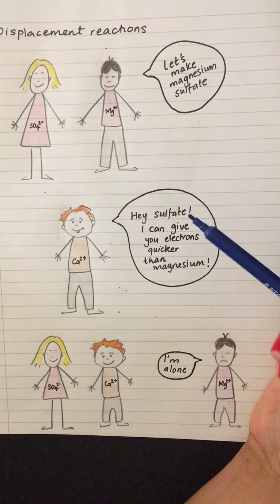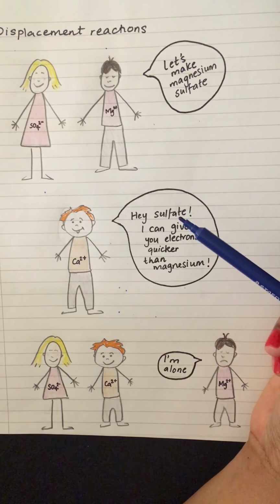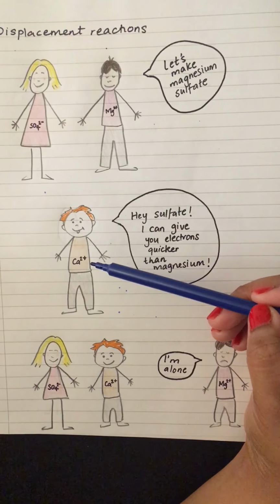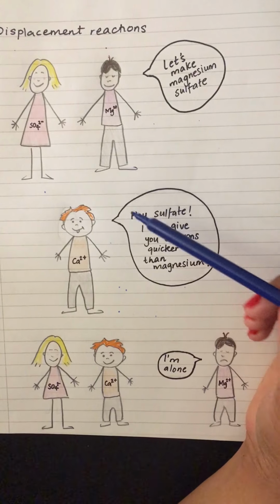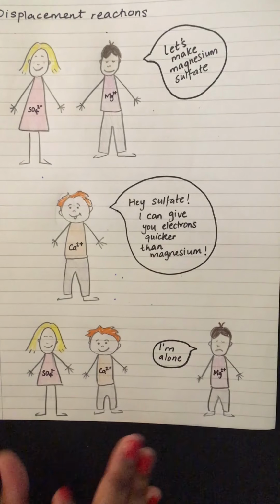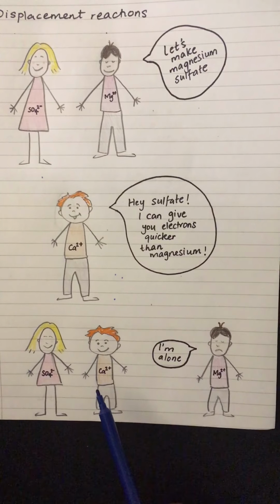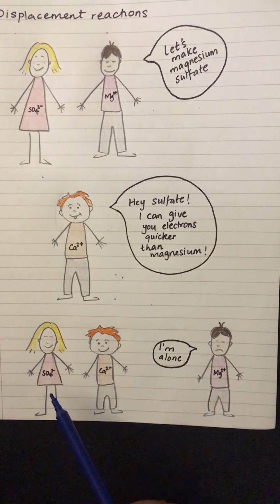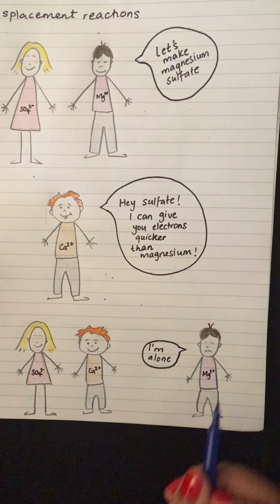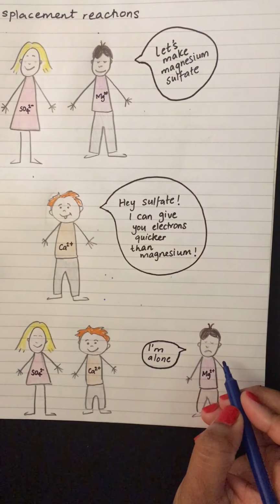Now, if we remember from the reactivity series, calcium is more reactive than magnesium. So let's look at what's happened now. It looks like calcium has bonded to sulfate, and we can see here what's happened to magnesium, magnesium's been left all alone.